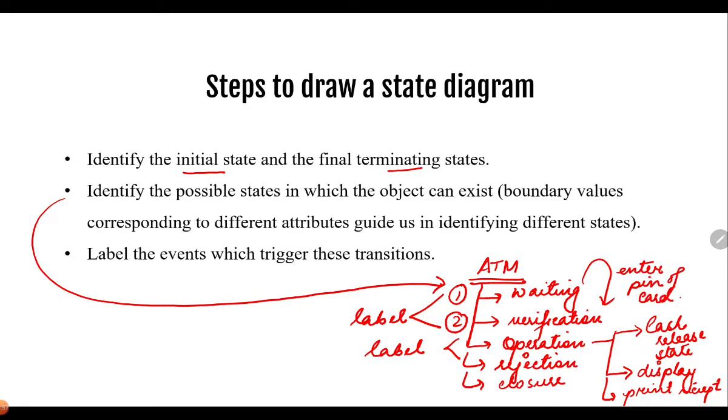So this is your label. This labeling is also important. So first of all, identify the initial state and final state. Then identify all the possible states, and after that identify the labels which will trigger all the transitions between these states.